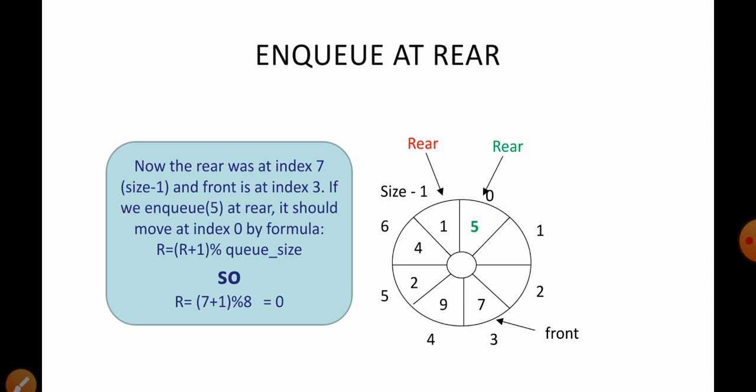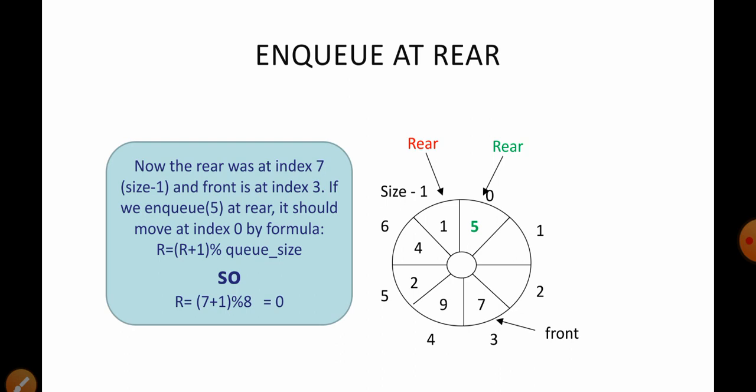Again, consider another example in which the rear is at index size minus 1 and the size of the queue is 8. As we know, the maximum last index can be size minus 1, so the rear is now at index 7.